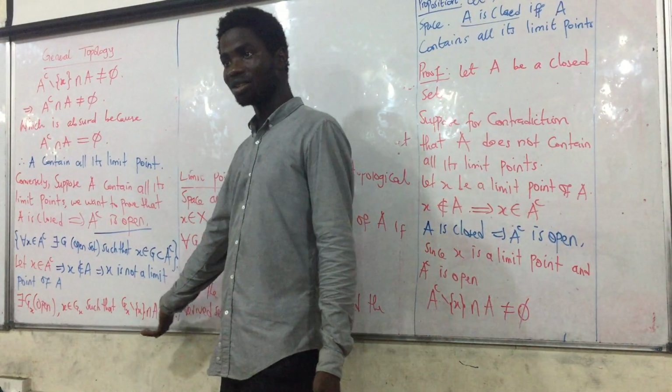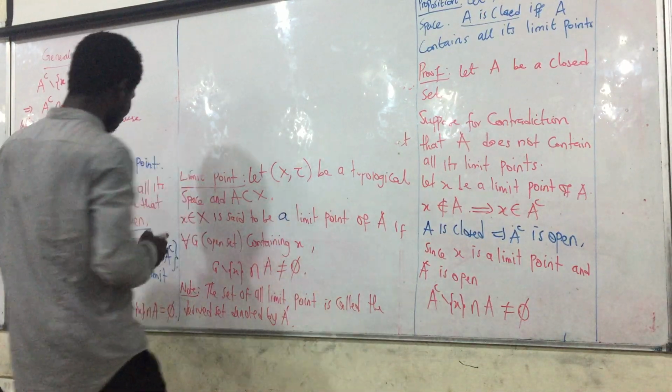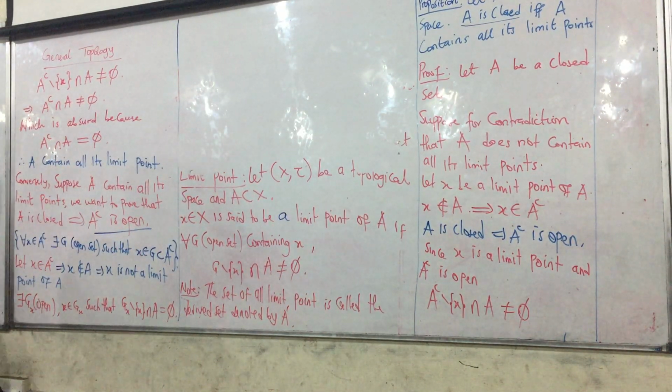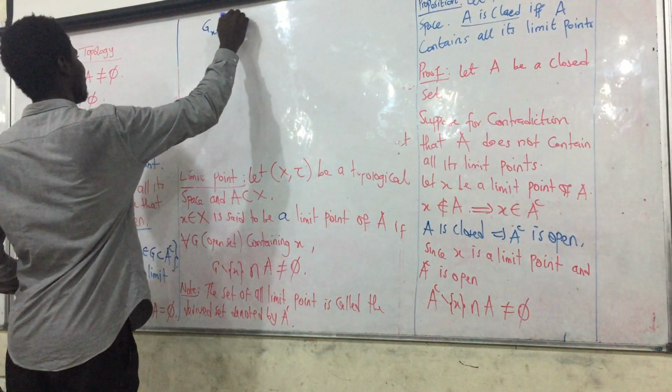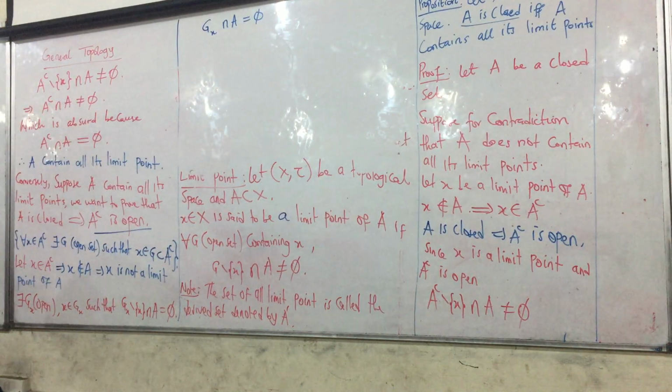S is not even in A, so it's empty. So what does that mean? S is not in GS, S is not in A, right? So I can even say G_S intersection A is still empty. Do you understand? Why will it still be empty? Because what do you think can be common?